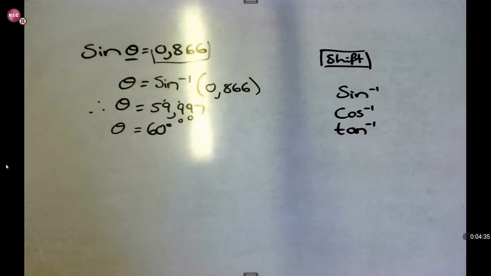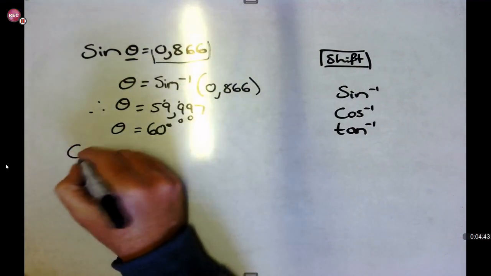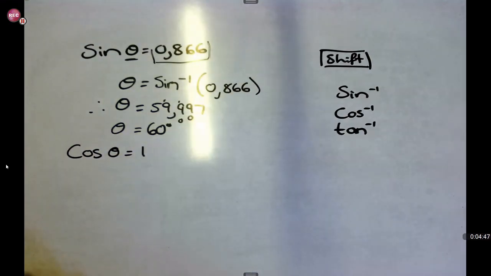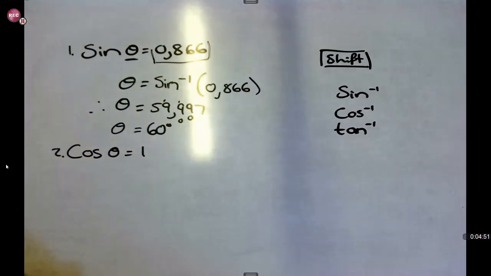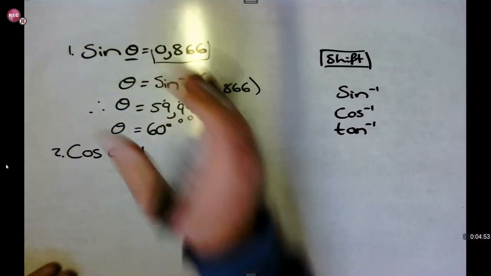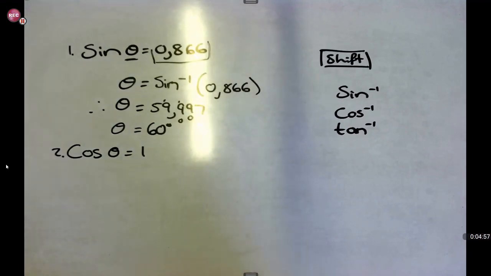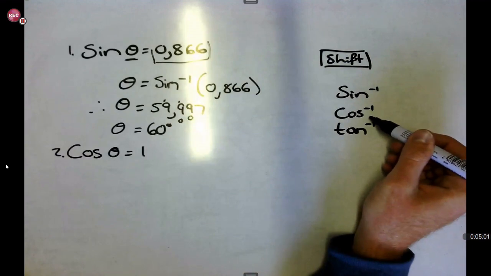Okay. Our next question that we've got here is the following. Let's go with cos theta equals 1. So this is question 1, this is question 2. Every time that you want to calculate an angle, you need to carry it over and change it to the reciprocal function.